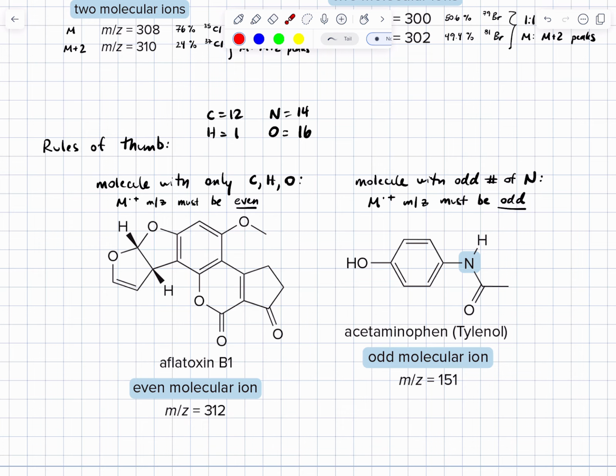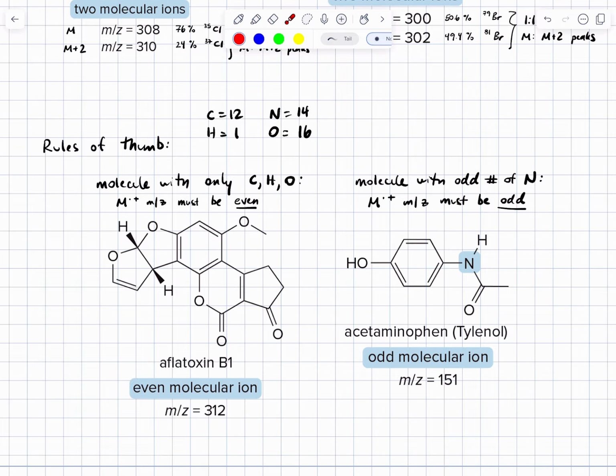However, there are times when you're looking for something unknown and you want to narrow down the possibilities. So one rule of thumb is that a molecular ion that only has carbon, hydrogen, and oxygen in it has to have an even molecular weight.